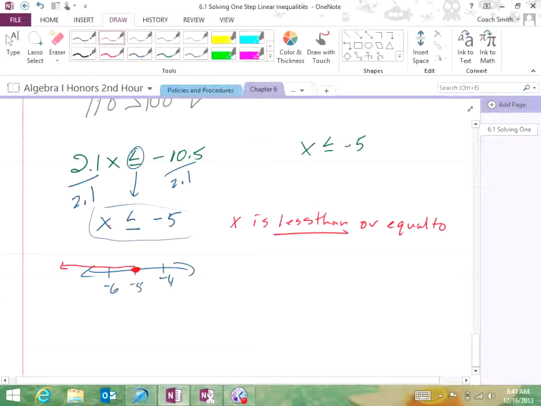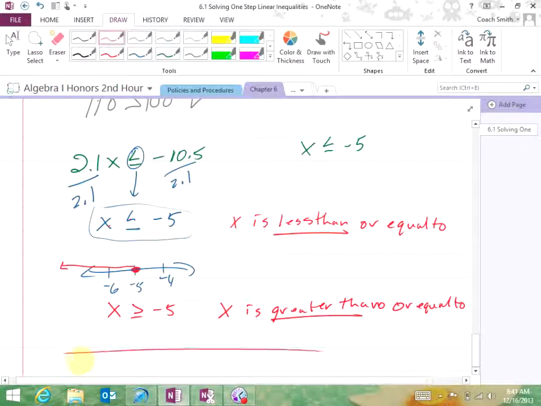If this was X greater than or equal to negative 5, then because of the words greater than, the arrow would go to the right.